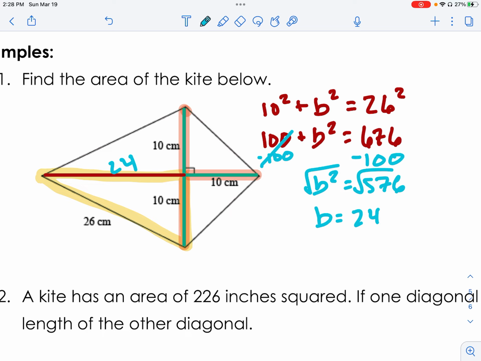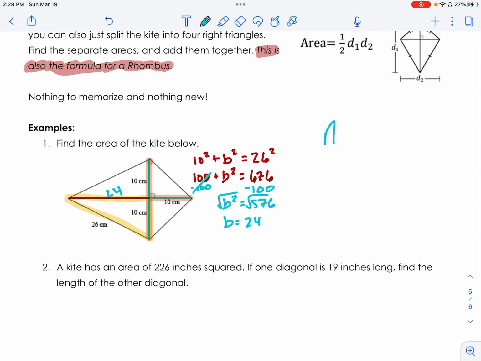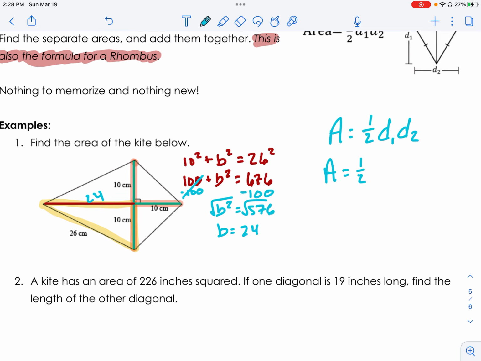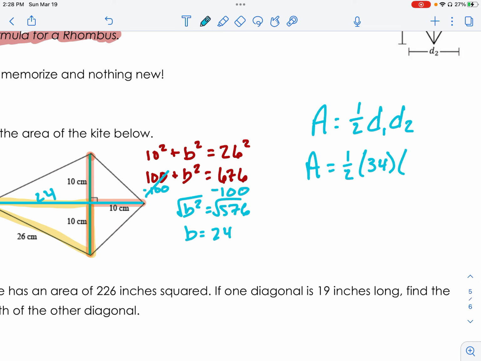And now I can go ahead and use my 1/2 times d1 times d2. So 1/2, my diagonal 1, which I'm going to make this full blue line here. Remember, you have to add 24 and 10 together to give you 34, and then 10 and 10 together to give you 20.